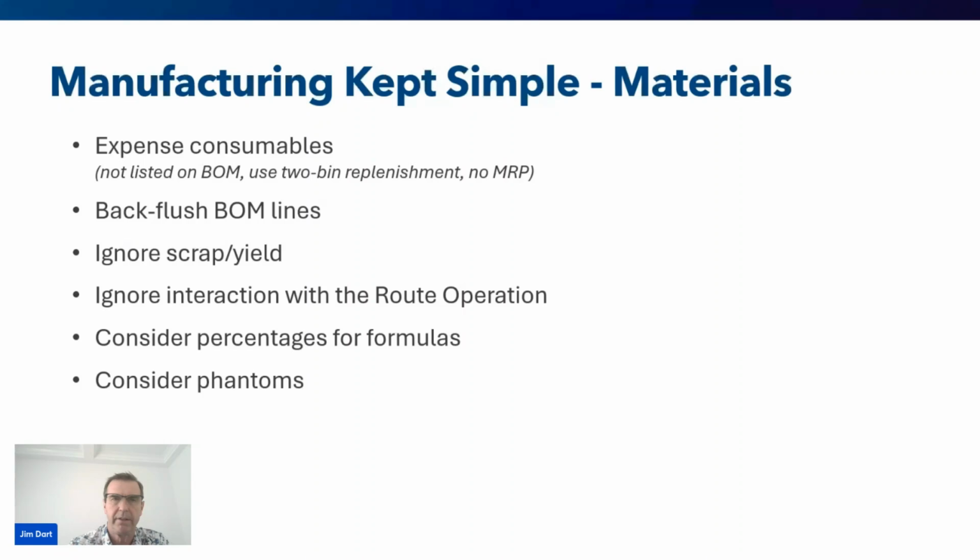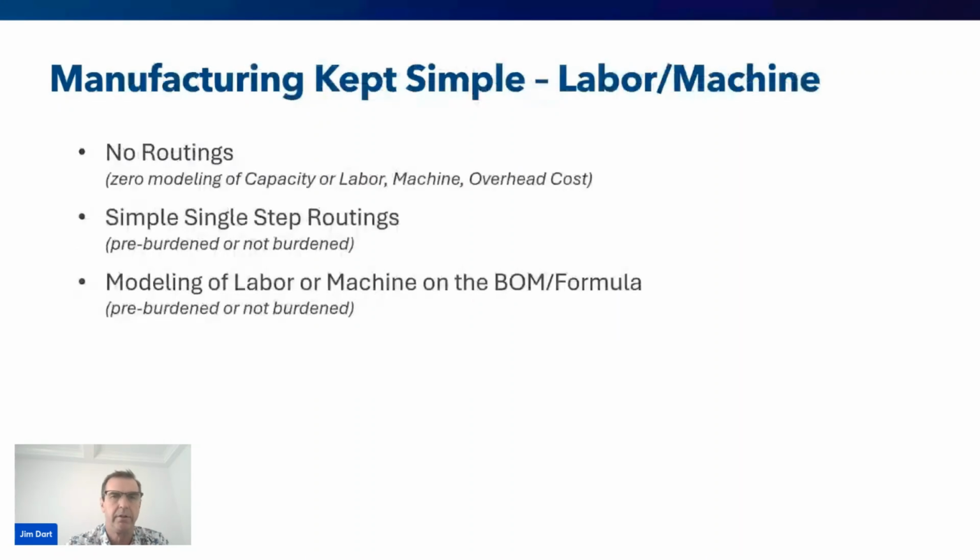The next topic to talk about is labor and machine. And this is an area that, while including labor and machine in your manufacturing implementation allows you to capture the costs of labor and the machine costs, oftentimes we find that manufacturing organizations just don't have the data to support this.